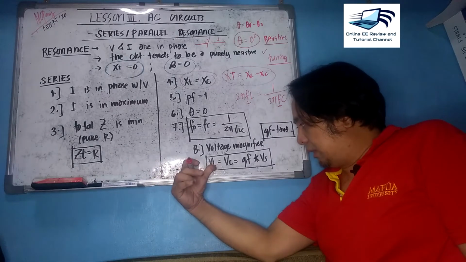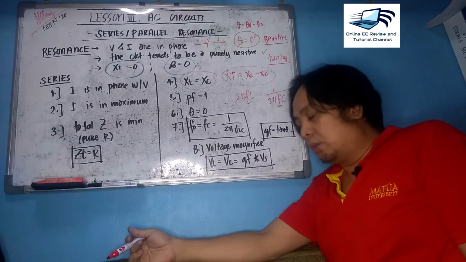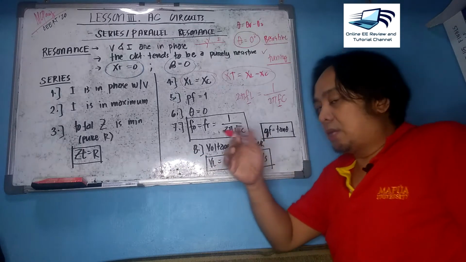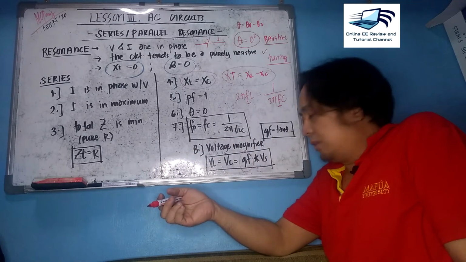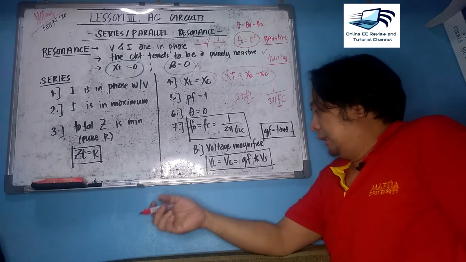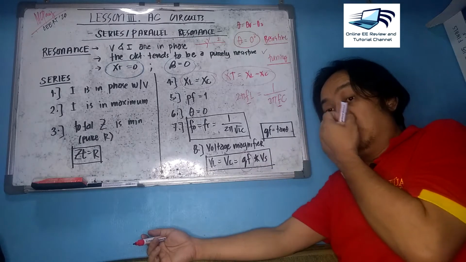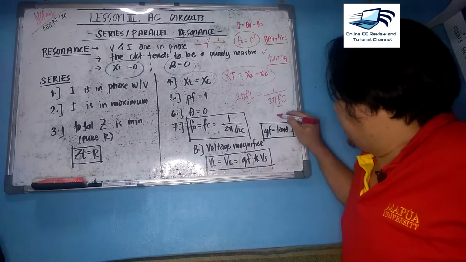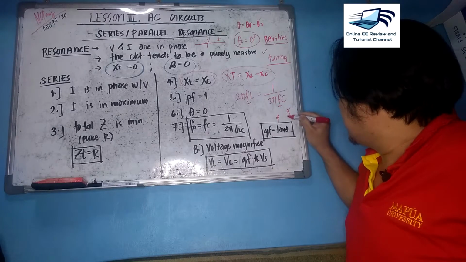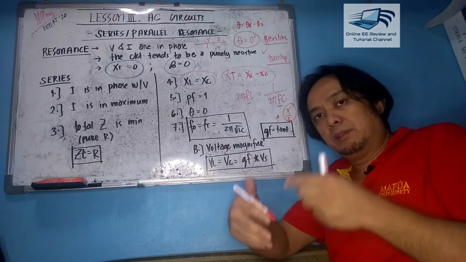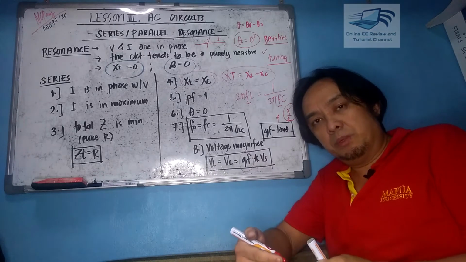So the voltage at the inductor, equal to the voltage at the capacitor, is equal to the quality factor, which we discussed in the power triangle, multiplied by the voltage of the source. The quality factor is equal to tangent theta, or in your circuit, the reactive component over the resistive component.